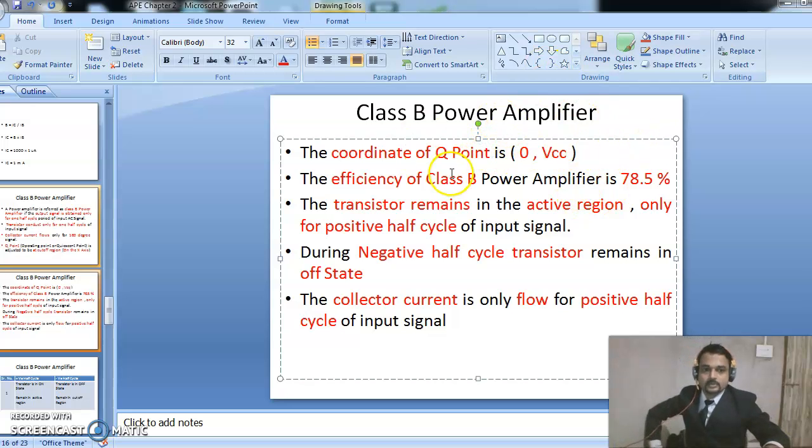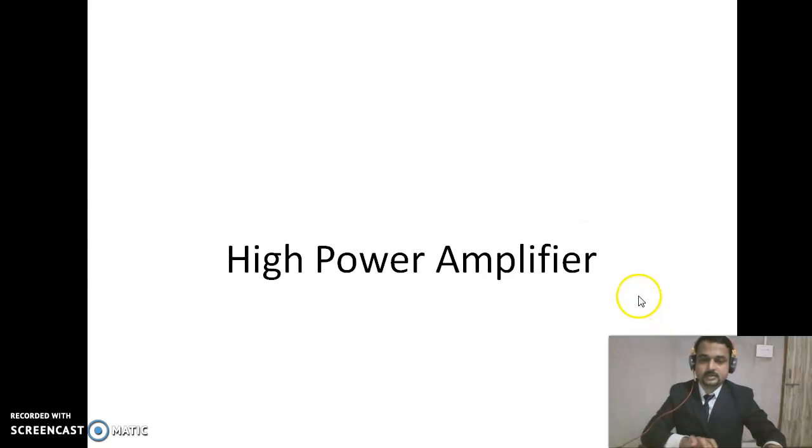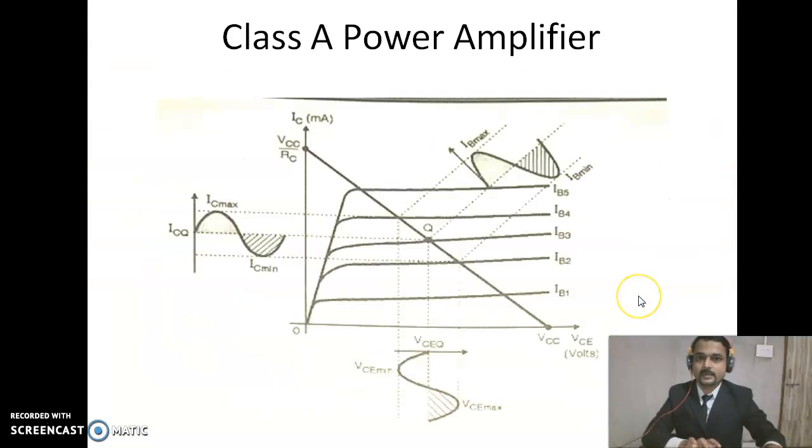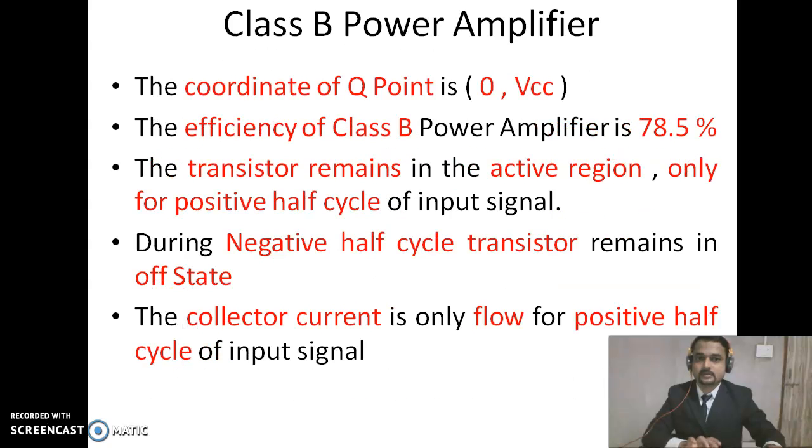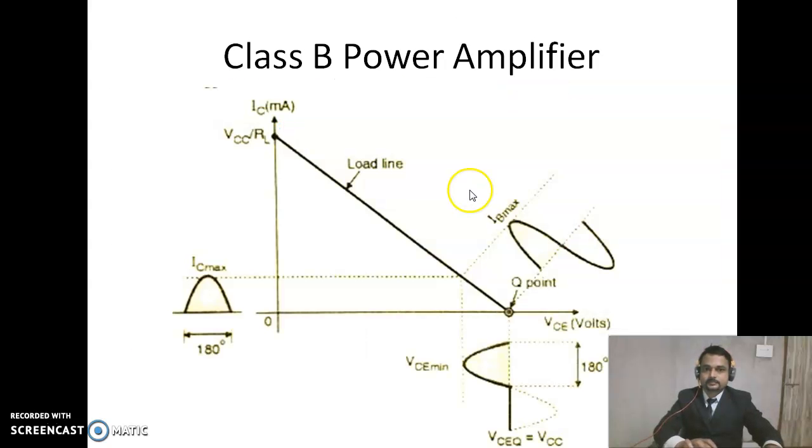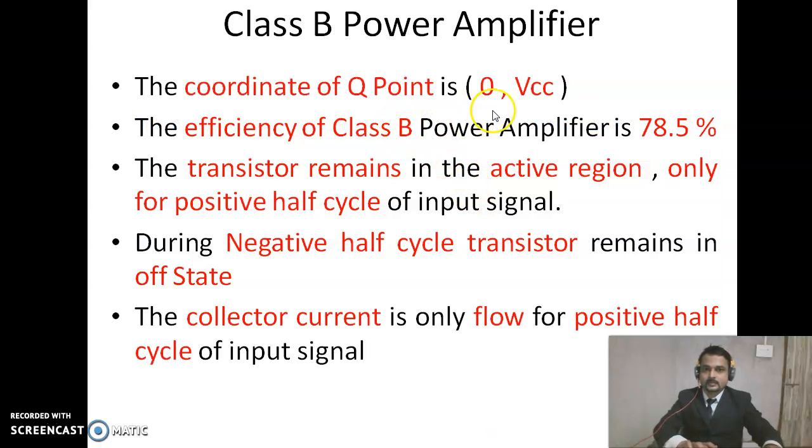We are getting the Q point on the x-axis, because the y-axis will be 0 and the operating point will be VCE equal to VCC. That is the Class B power amplifier.